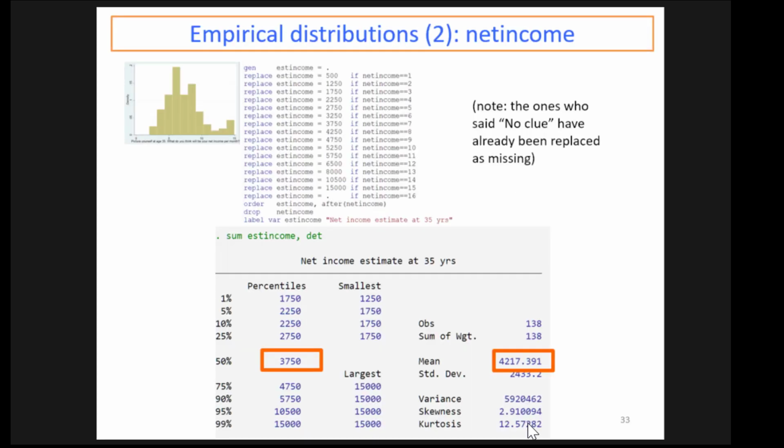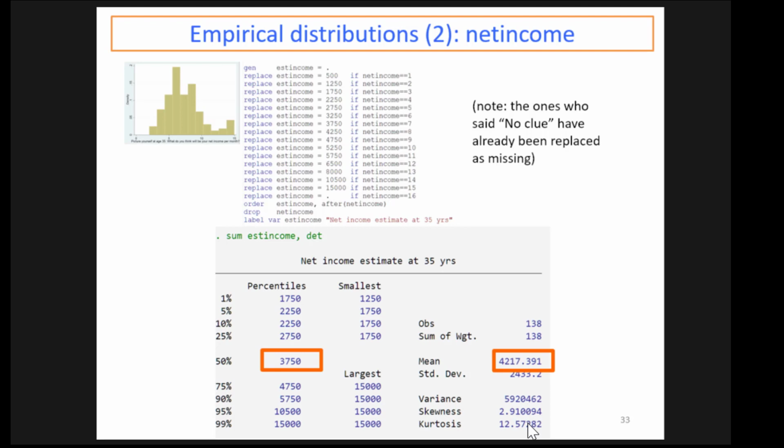Okay, so let's see, this is the empirical distribution, not in our data, but in a similar data set from 2 years ago. Here we ask what you think you are going to earn a couple of years down the line. First you need to recode that variable, because we had values 1, 2, 3, 4, 5, 6, 7, 8, 9, 10, all the way up to 16 for the different categories in the data.